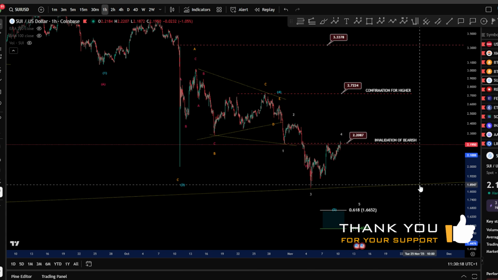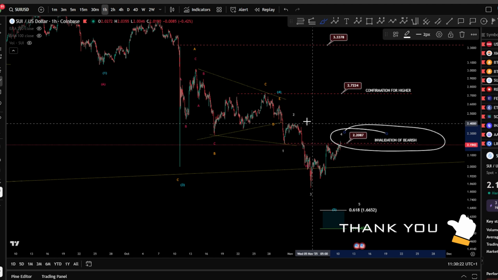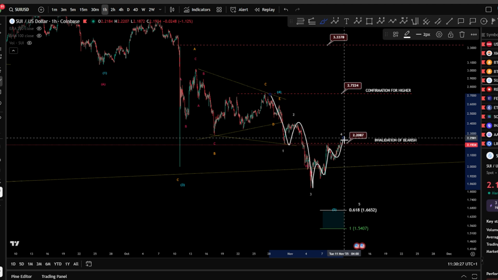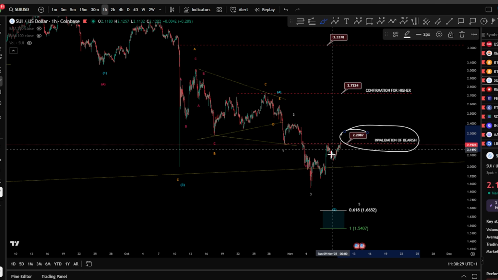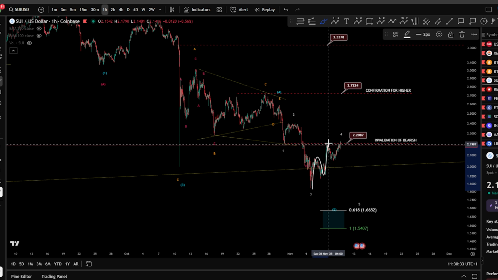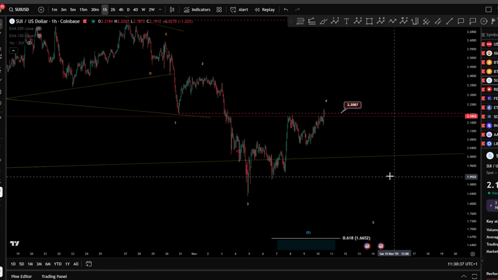As we can see for SUI here, on the 1 hour chart, we took already invalidation of bearish, meaning if we are in a 1, 2, 3 wave 4 here, we moved for the invalidation of bearish, and even by five waves toward the upside. We can see 1, 2, 3, 4, 5 so far unfolding for higher prices.